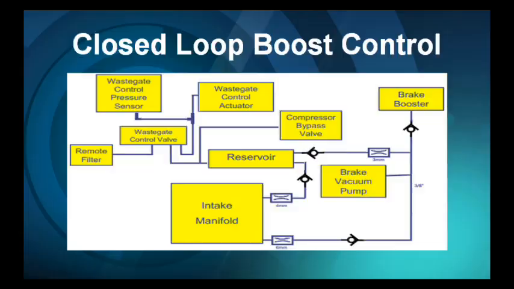Here I have a vacuum pressure schematic of the closed loop boost control system. If we had manifold pressure directly attached to the wastegate canister, boost pressure would be controlled by the spring tension in the wastegate canister.